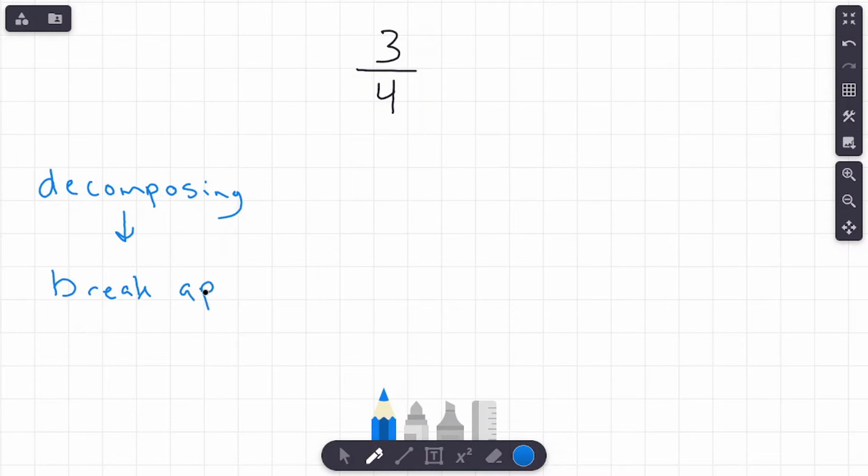We're going to take some fractions and decompose them, break them apart into other fractions, and we're going to write an equation for all of that. It's a lot of big words here, but once you see this first example, you're going to have a good idea of what I'm talking about.